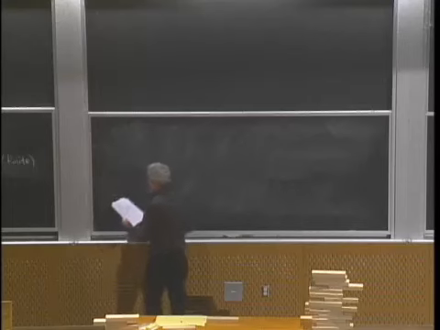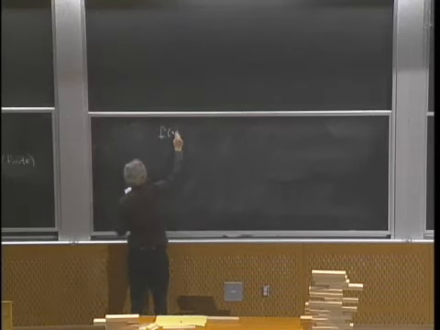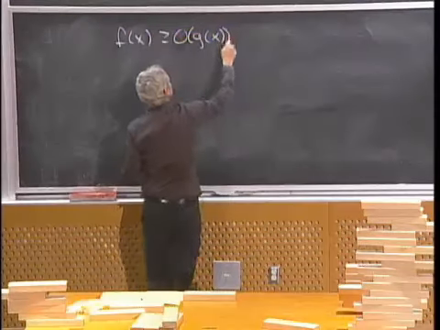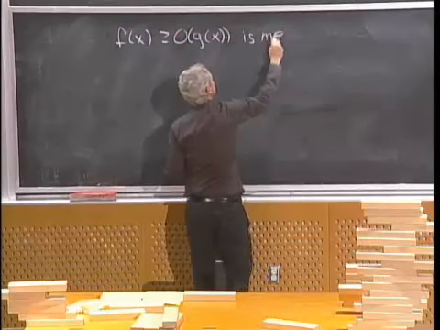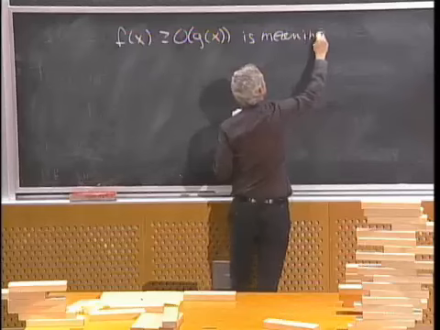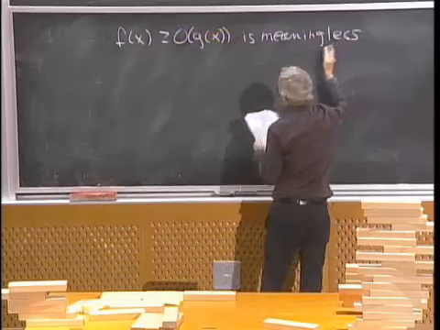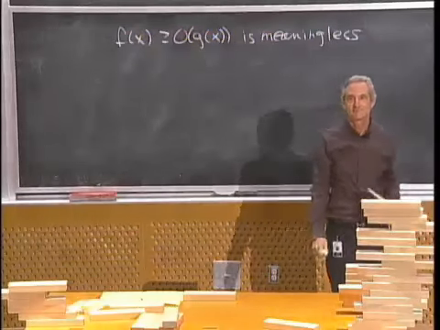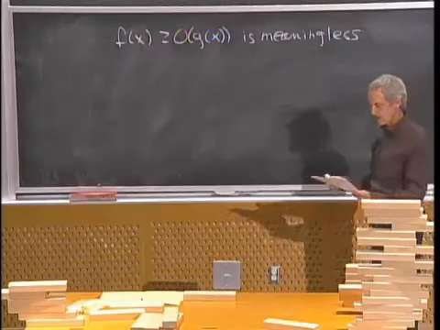So you may not do this: f of x is bigger than or equal to O of g of x. That is meaningless, because the whole point of big O is that it's an upper bound. So you can't use it as a lower bound.